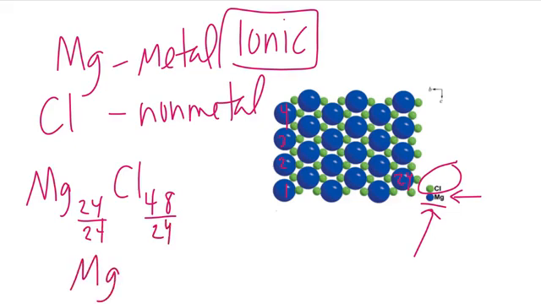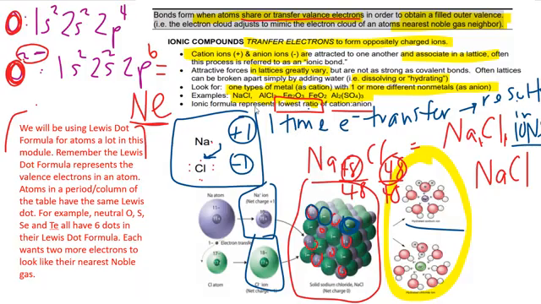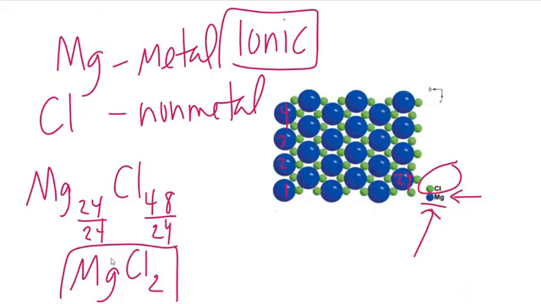I'm going to get 1 and 2. So magnesium chloride's ionic formula represents its lowest ratio. And so my lowest ratio here is MgCl2.